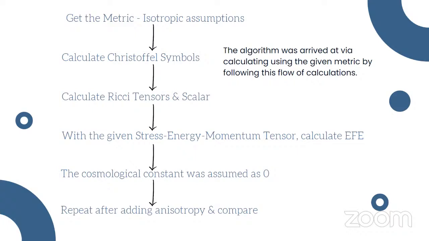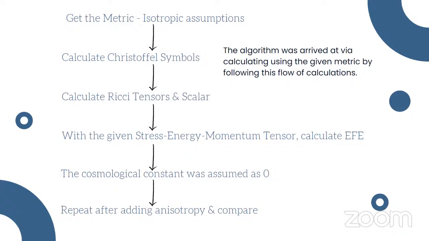For now, in the algorithm, the process that we follow is getting the metric with isotropic assumptions. Using that, we calculate the various components of the metric. We calculate Christoffel symbols that help us in calculating the Ricci tensor and Ricci scalar. And with a given stress energy momentum tensor for the radially symmetric mass distribution of fluid within the neutron stars, we solve the Einstein field equation.